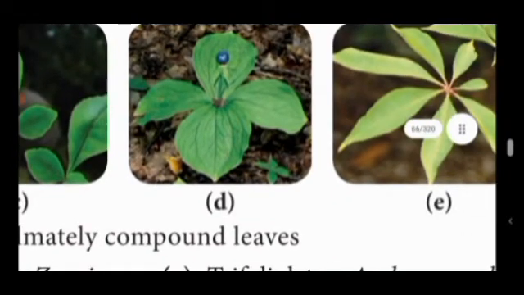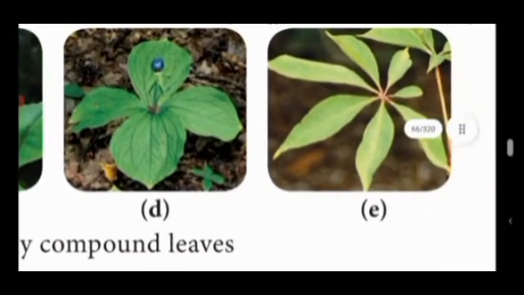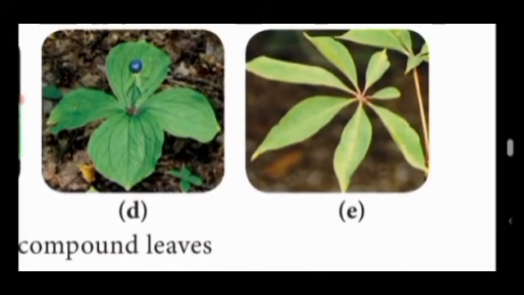In a quadrifoliate compound leaf, there are four leaflets attached to the petiole. Examples: Paris quadrifolia, Marsilea. The last type of palmately compound leaves is the multifoliate or digitate compound leaf.